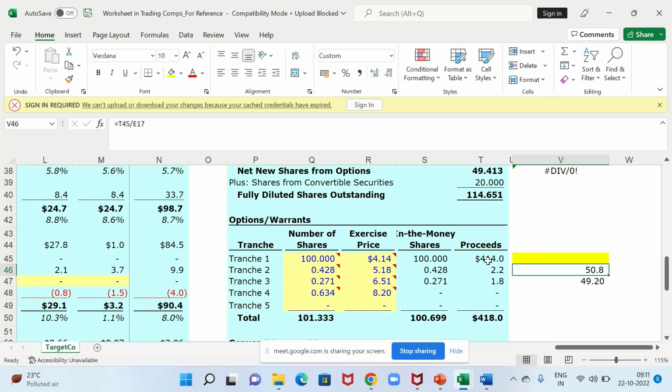So basis this 414, I'll be able to procure 50.8 million shares of my own company. So now what would be the net dilution? Net dilution would be 100 less 50.8. This is the treasury method. Simple as that. Very basic. Any questions on that?